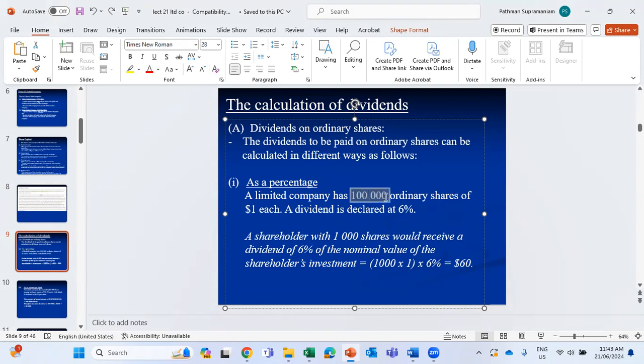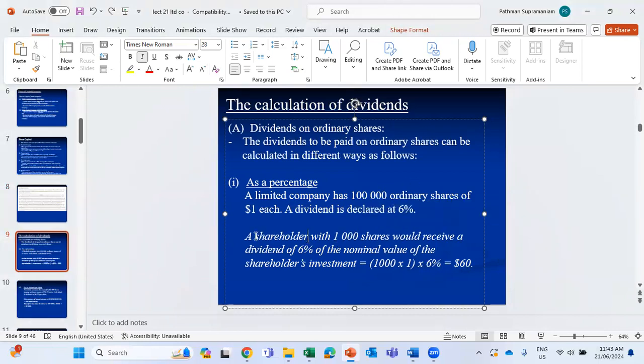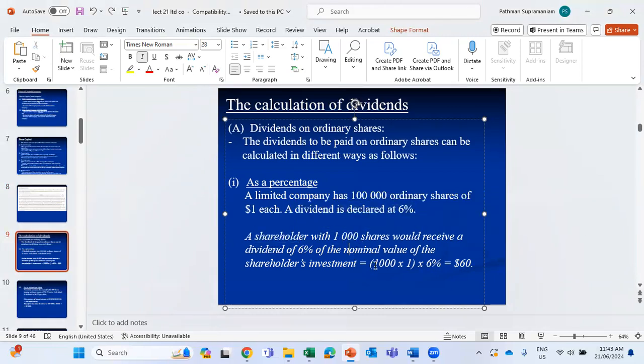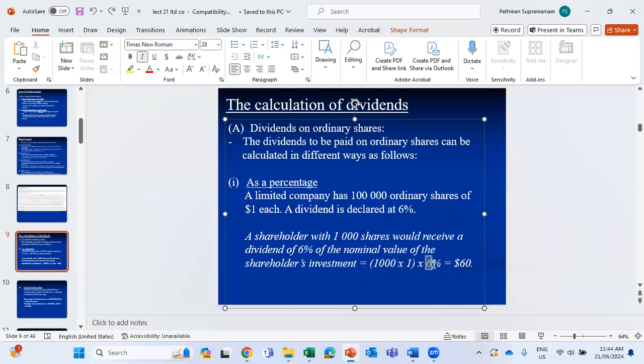From this 100,000, we are picking one particular shareholder who has 1,000 shares. The balance of 99,000 is someone else's. If he bought 1,000 shares, he will receive dividend of the number of shares he bought times the nominal value per share times 6%.